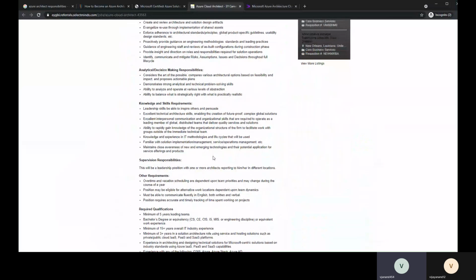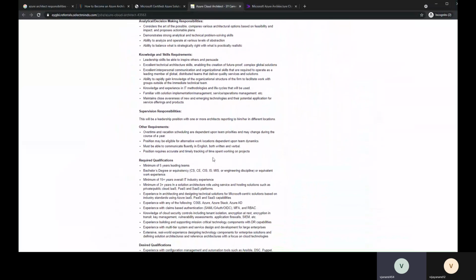Ability to rapidly gain knowledge of the organizational structure of the firm to facilitate work with groups outside of the immediate technical team. Knowledge and experience in IT methodologies and life cycles that will be used. Familiar with solution implementation or management services or operations management. Maintains close awareness of new and emerging technologies and the potential application for service offerings and products.